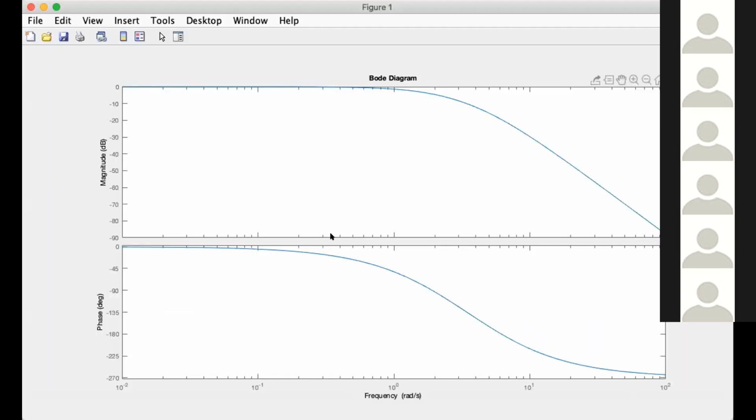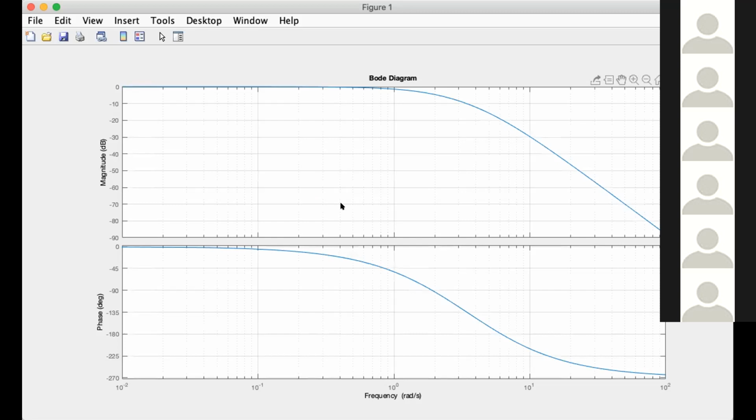Can you see? Yes, yes, we can see. For the grid. Okay, and then find the range of gain K. Okay, you already plotted.